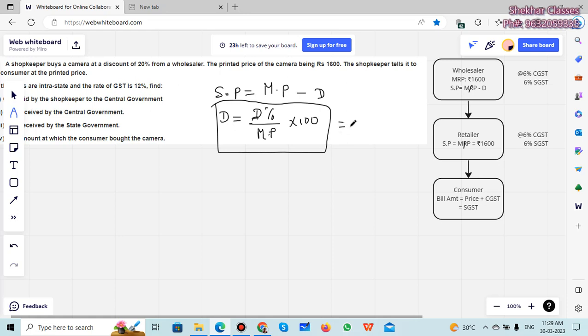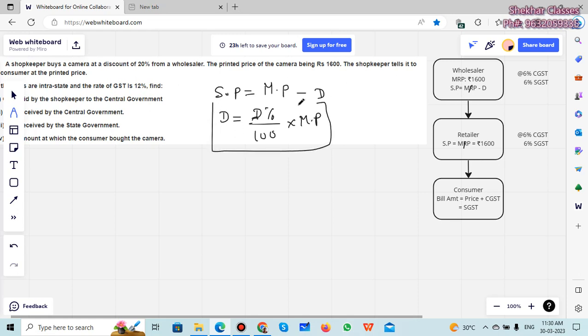So what is the discount percent? 20%. I made a mistake here. I'm sorry. It's not the formula, just one mistake. Discount percent upon 100, okay, upon 100 into mark price.